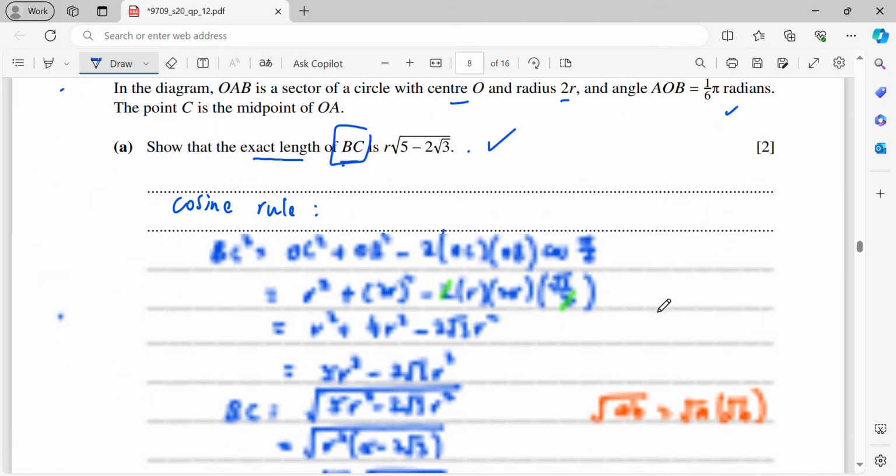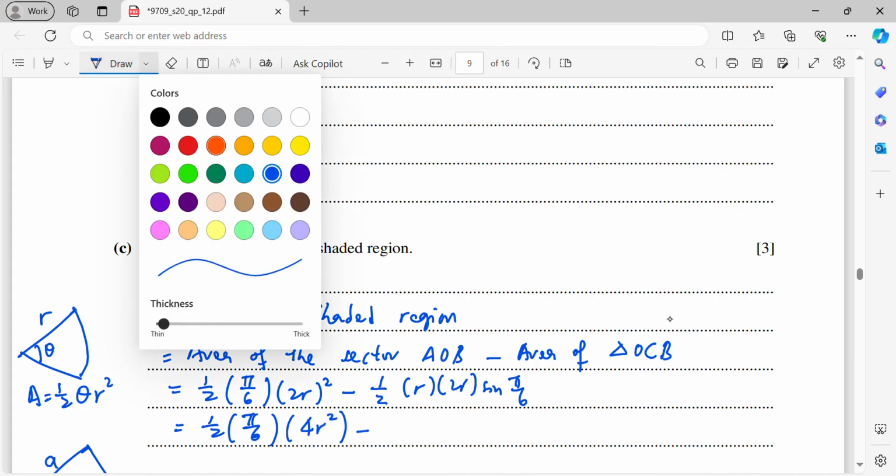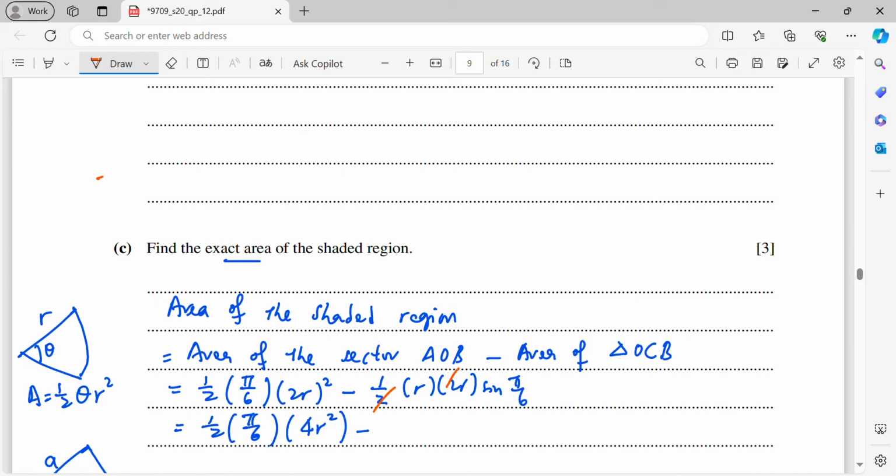So I will write half r times 2r sine pi over 6. Okay, then for the first term, you will get half pi over 6. This is basically 4r squared. Then minus the half and 2 cancel off. I'll get r squared sine pi over 6.